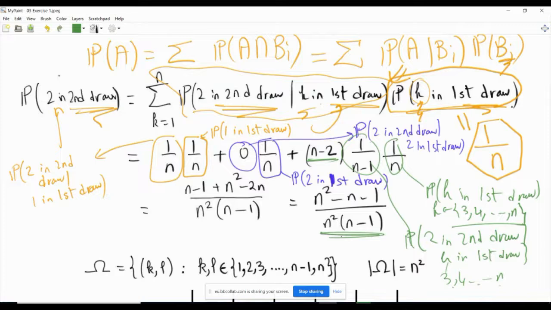Here it makes sense to use the law of total probability and to condition on the number that you get in the first row. You find that those probabilities are straightforward to compute, then you sum them to get your final result.